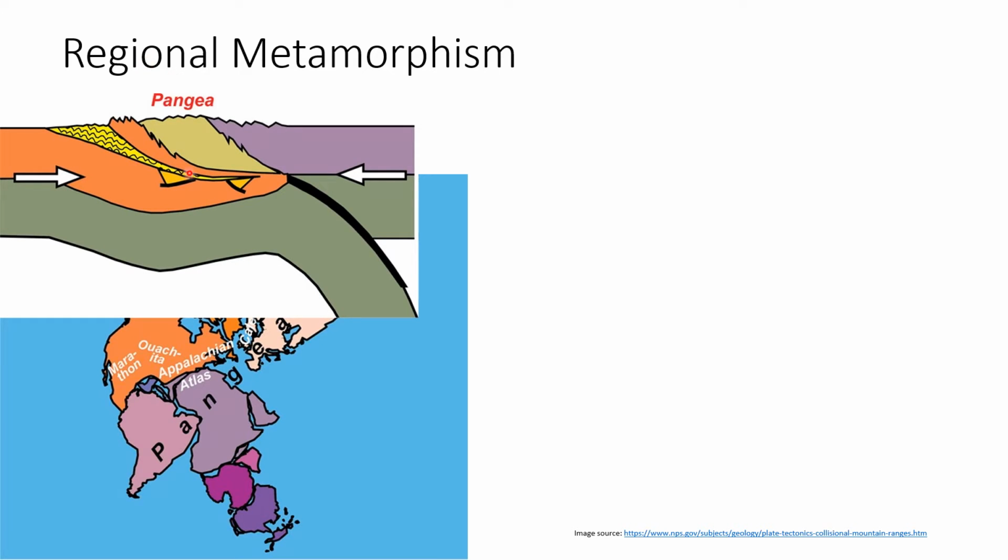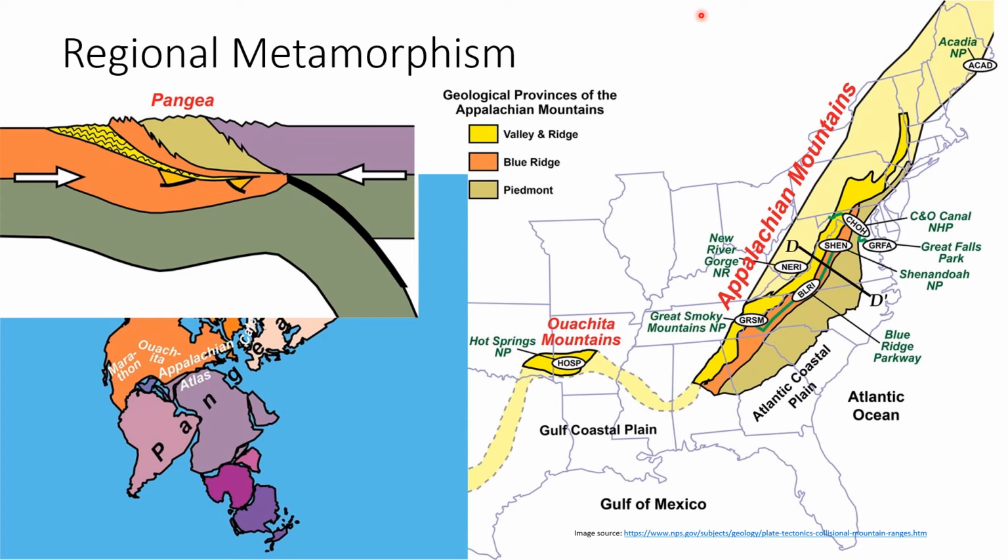In that area, you've got Pangaea being formed, and this is the African stuff riding up over the North American stuff here, and you get faulting and you get burial. Deep burial is a really important part of regional metamorphism.